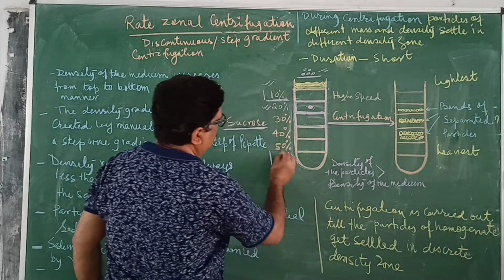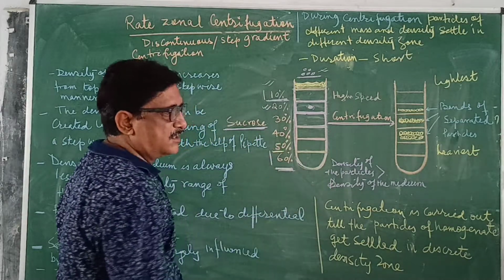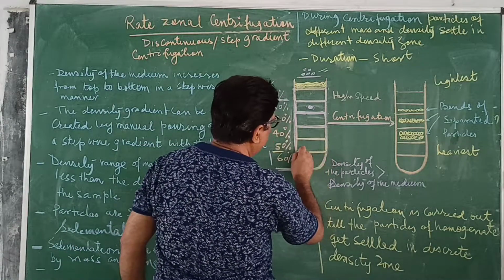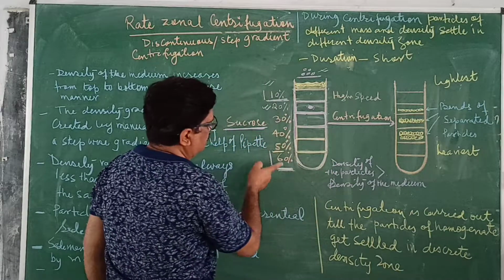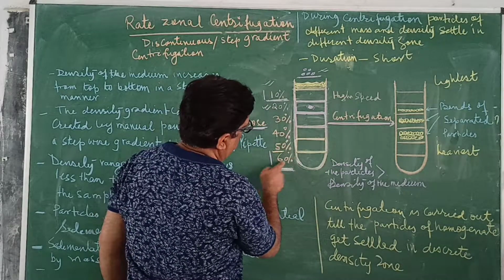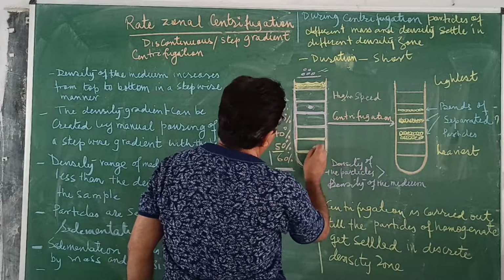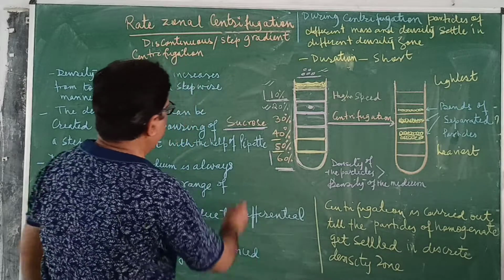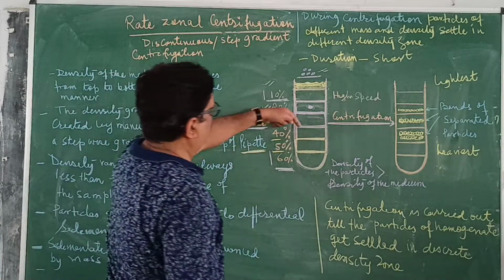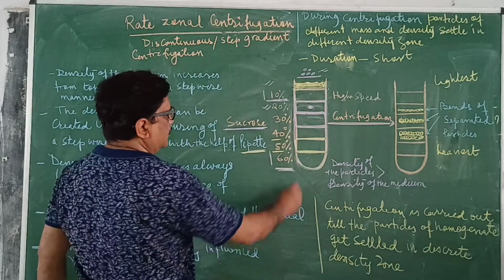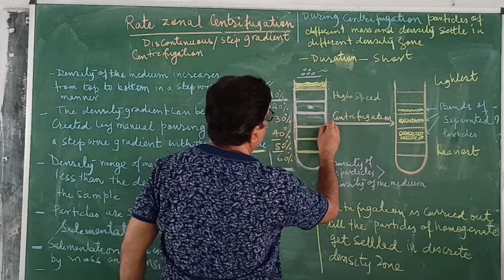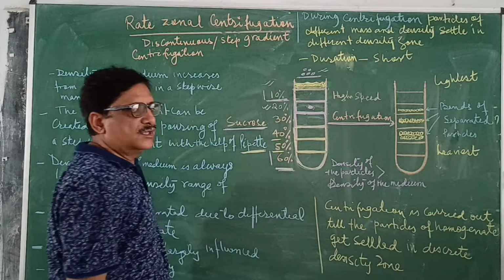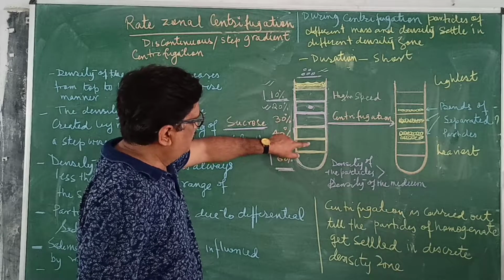In the next step, 50% sucrose is pipetted into the tube, and because it is lighter than this one, it will settle over here. Similarly, 40% sucrose is taken in a pipette and poured into the test tube, and it will settle over here, forming a zone of 40% sucrose medium, whose density is less than this one.